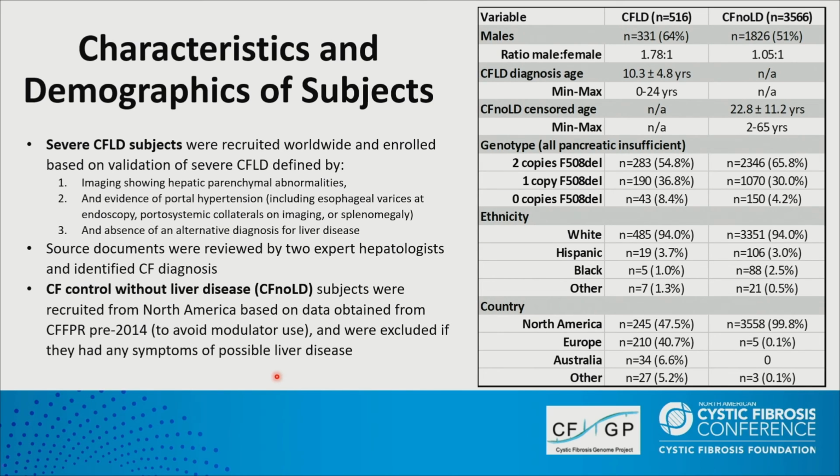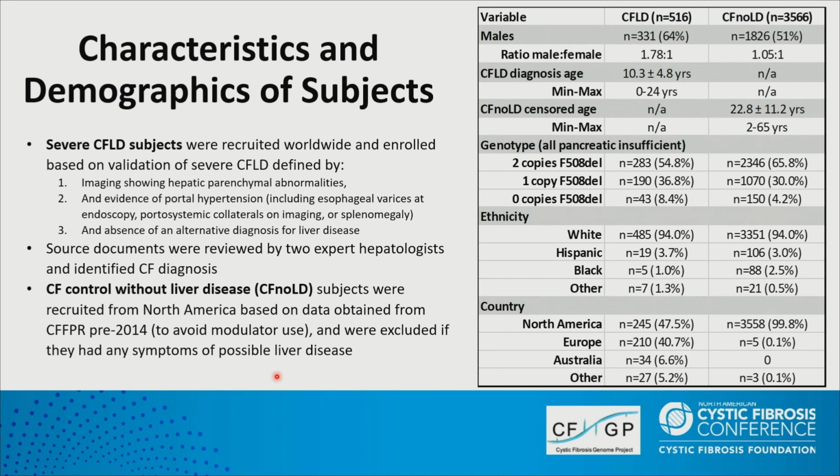The patients that we studied who were controls without liver disease were actually recruited from North America based on these other studies we've talked about. A couple of interesting points to make from the nature of the patients enrolled. There were more males than females, as you might predict from the traditional information that's available.